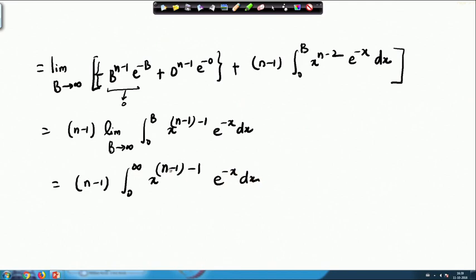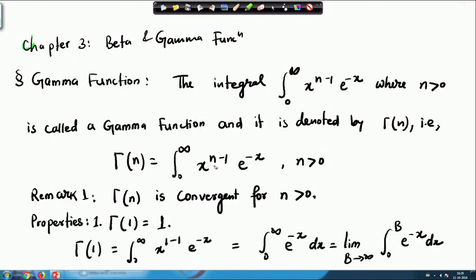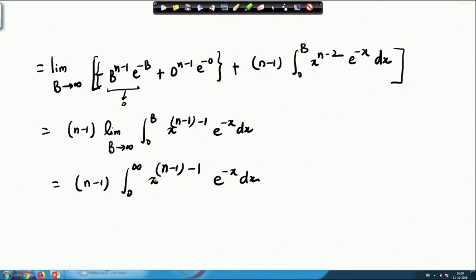Now, this is nothing but this definition here. If I replace n by n minus 1, then this will become the definition for gamma n minus 1, which is basically our gamma n, and therefore, this is what we needed to prove. All right. So, the second property is established.